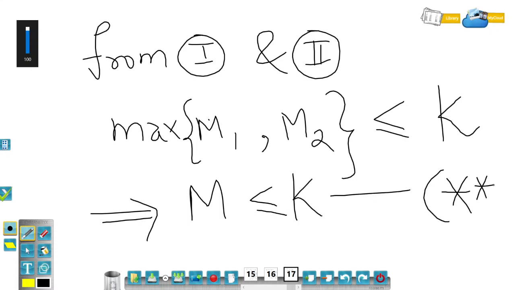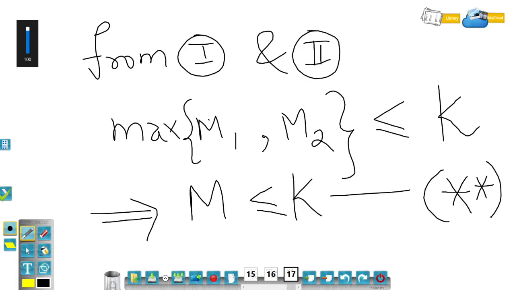And if you remember, in star I have said m is an upper bound. And now to prove the second step, I started with k as any upper bound, and I have shown that m is less than or equal to k.